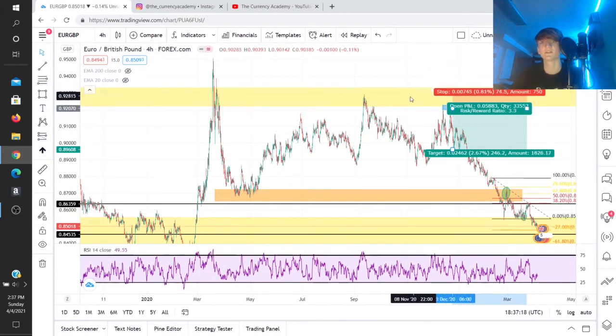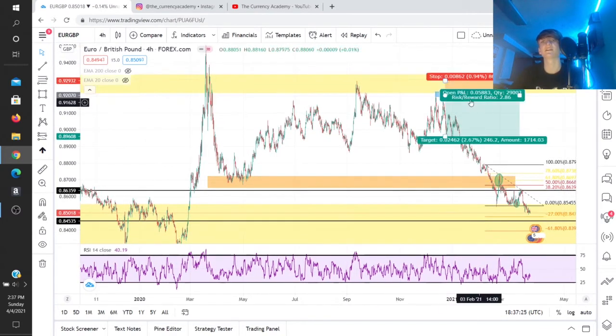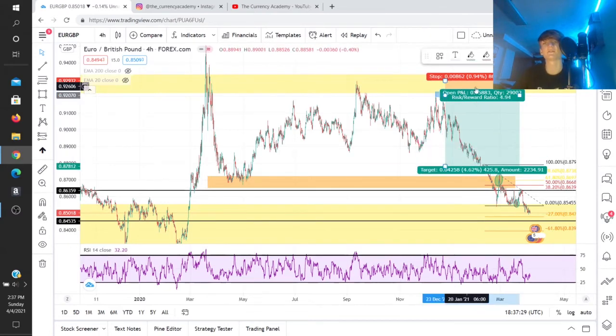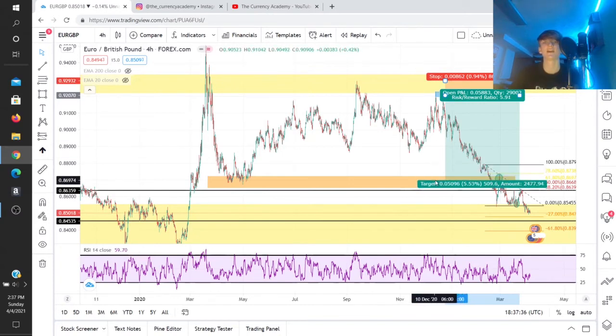Okay, my stop loss would probably have been just above the most previous high. Now, in this case, we are on the higher time frame, so an 86 pip stop loss might seem pretty large to you, but you have to consider the areas that we're targeting.